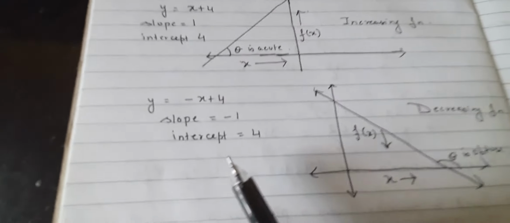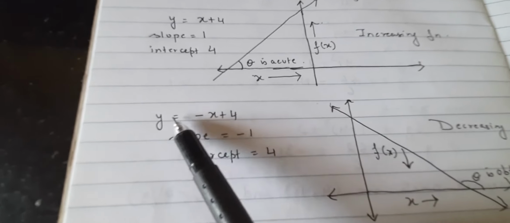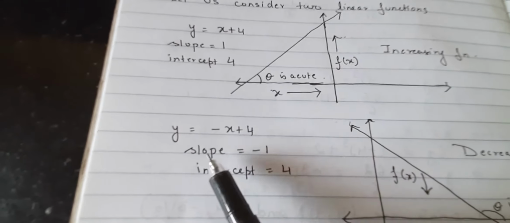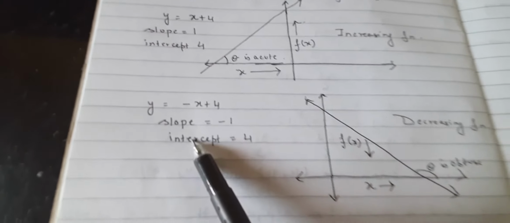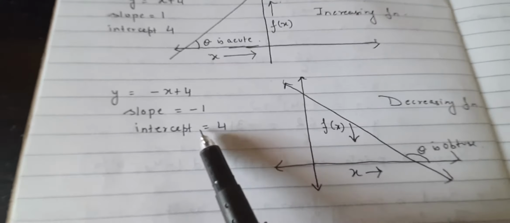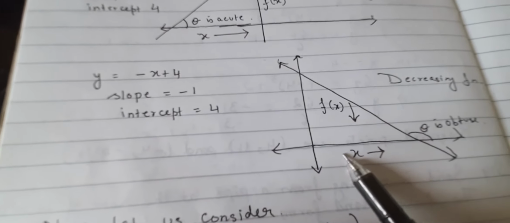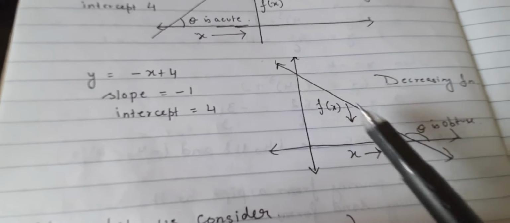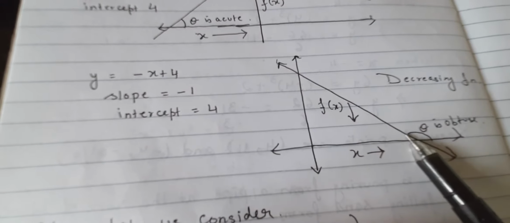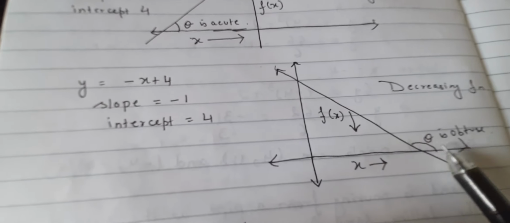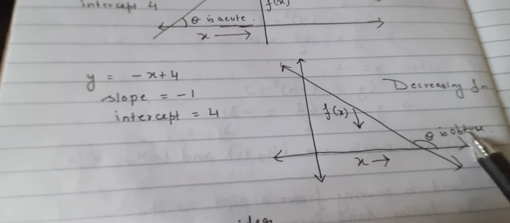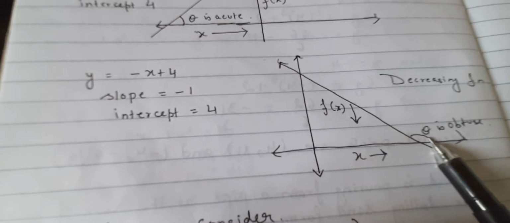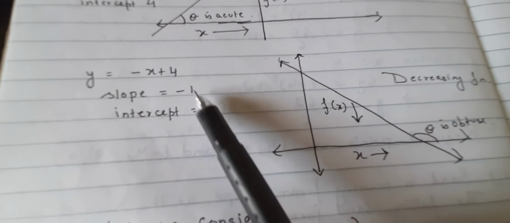Now let us consider the next thing. The next equation I am considering is y = -x + 4. So the slope is -1 and the intercept is 4. Here we observe that this is the line, this is the y-intercept 4, and with the positive direction of the x-axis the angle will be something like this. That means theta is obtuse, and when theta is obtuse, the slope will be negative.